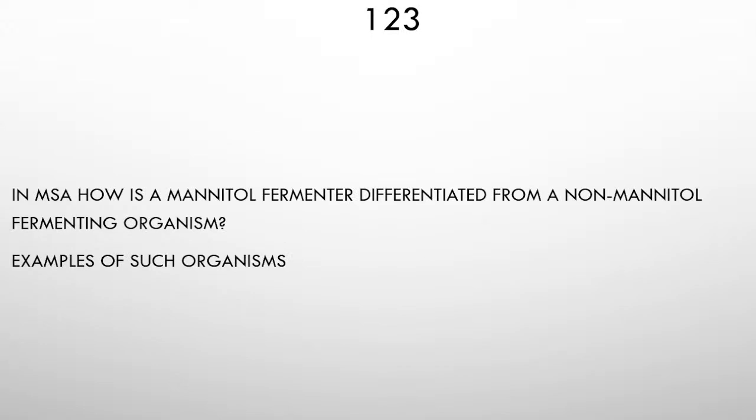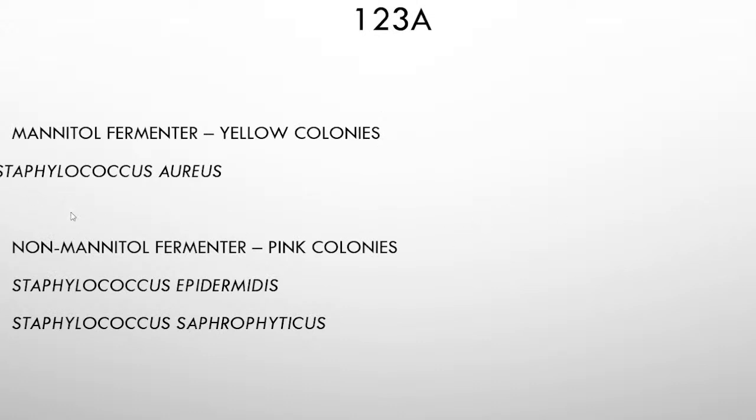In MSA, how is a mannitol fermenter differentiated from a mannitol non-fermenter? Well, basically, we're going to talk about Staphylococcus aureus. Staphylococcus aureus will produce yellow colonies, and pink colonies will be observed with other mannitol non-fermenters, including your Staph epidermidis and Staph saprophyticus.